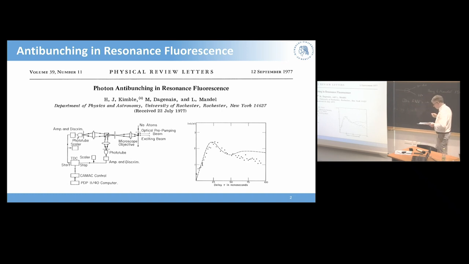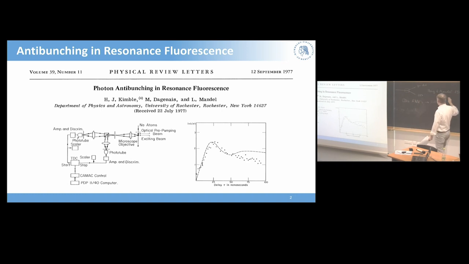And I believe that it was Peter Michler who was the first author of the first work for the quantum dots, and Christian Kurtsiefer the first for the NVs. Okay, so these are artificial atoms which are illuminated and can be resonantly or off-resonantly excited.